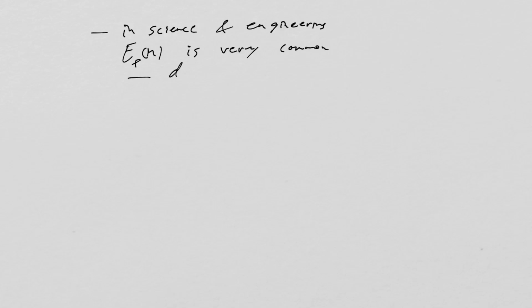so in science and engineering, E of n is very common. You see it a lot. They use it a lot to describe signals.